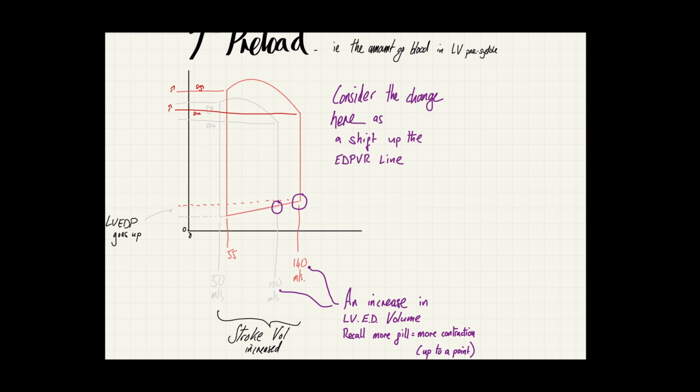It's also useful to eyeball here that our area has gone up, so our stroke work has gone up, so the myocardium is consuming more oxygen for this also. So that's preload. We get a right shift and increase in systolic and diastolic pressure because the D point tracks up the end systolic pressure volume relationship.